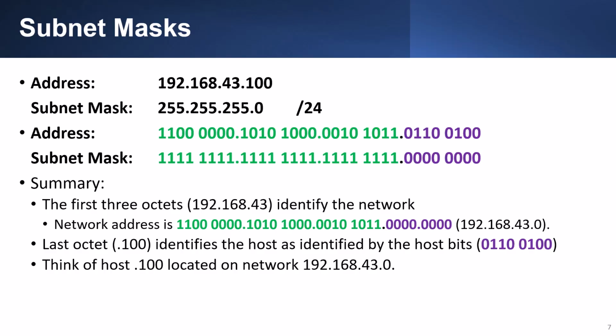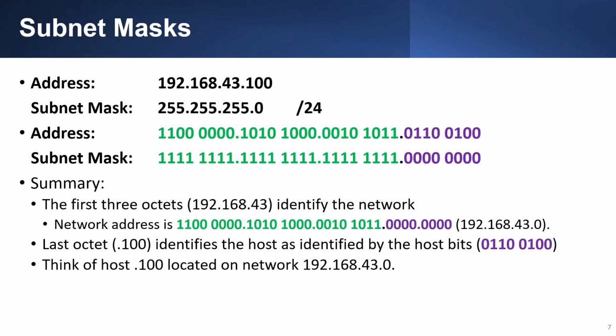Here's an example of an address of 192.168.43.100 with a subnet mask of 255.255.255.0 or /24 CIDR notation. The first three octets, 192.168.43, identify the network. Remember, the ones of the subnet mask indicate the network bits.